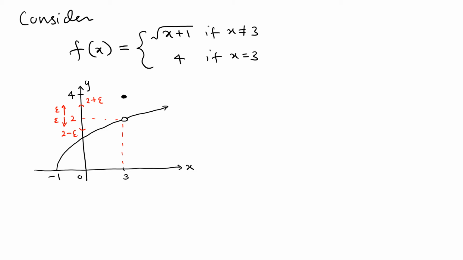Now we're going to find the guaranteed neighborhood around 3 that maps all the values into this one. So you can find those delta values. One value is here, and the other one is there.